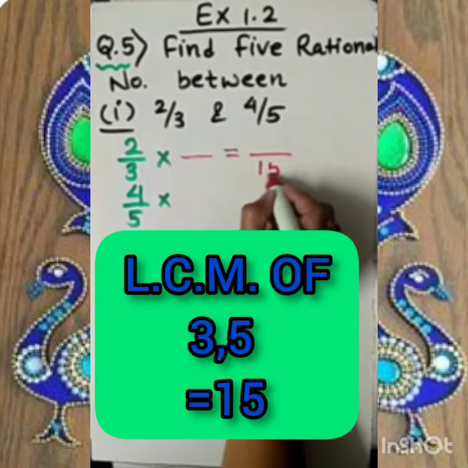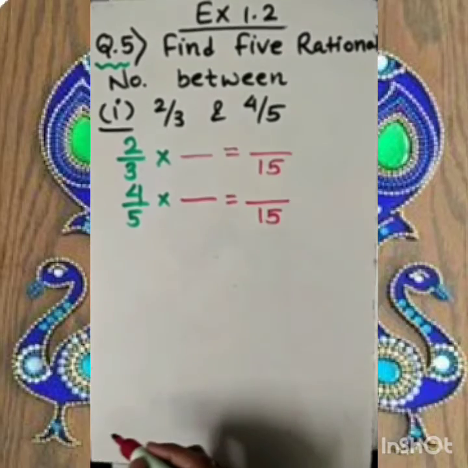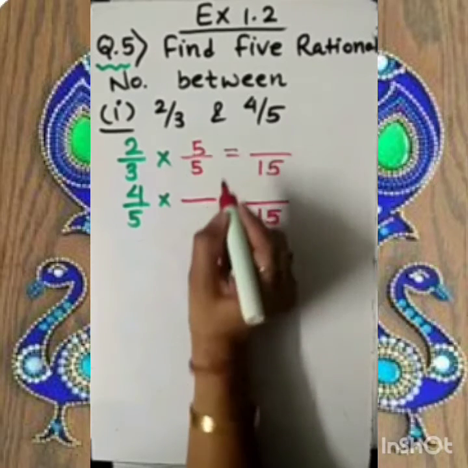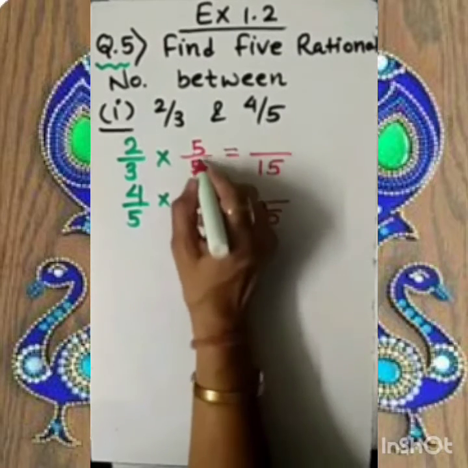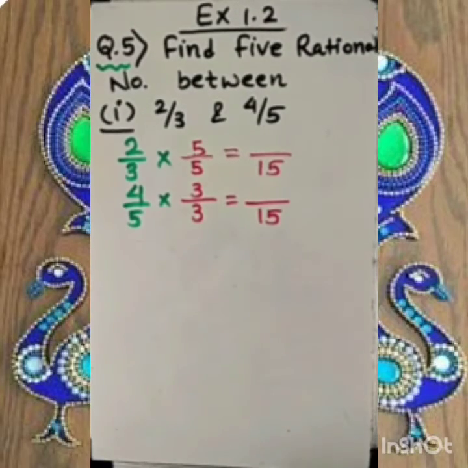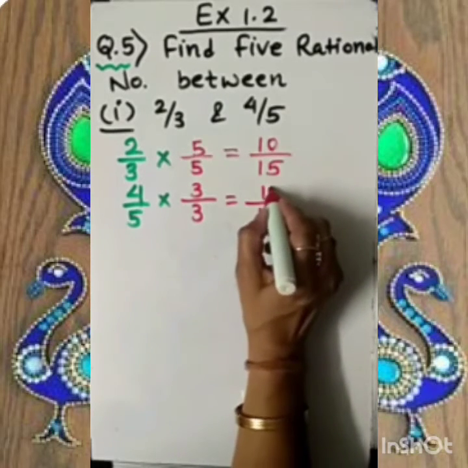Fine. So dear student, here I need to multiply numerator and denominator with 5, and here with 3. So 5 2s are 10, then 4 3s are 12.